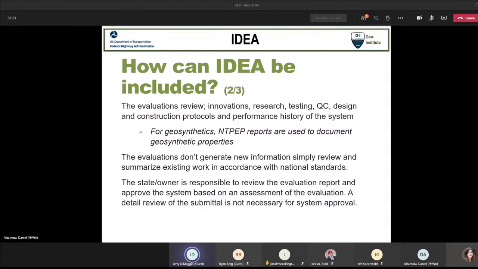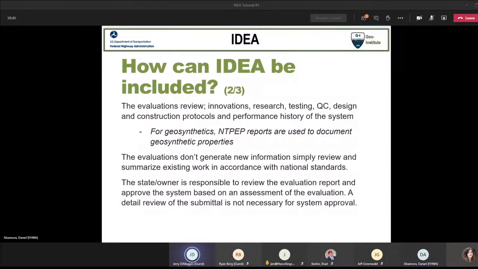And a detailed review of the submittal is not necessary for system approval. However, personally, I would encourage you to still review that. Now, detailed review you can interpret as you choose, but that detailed review has been done for you and is reflected in the evaluation report. So we're not taking your authority away.